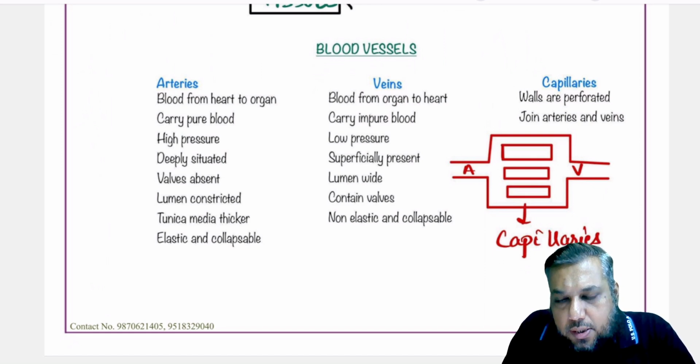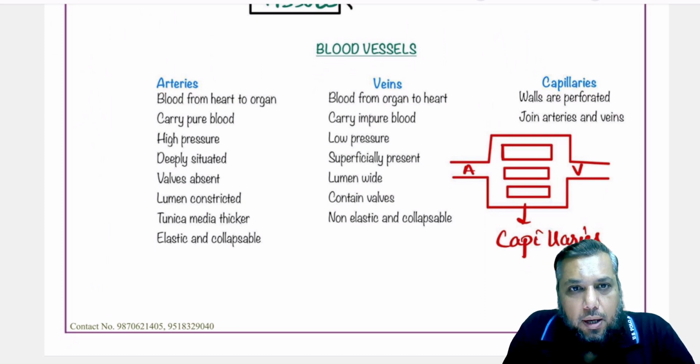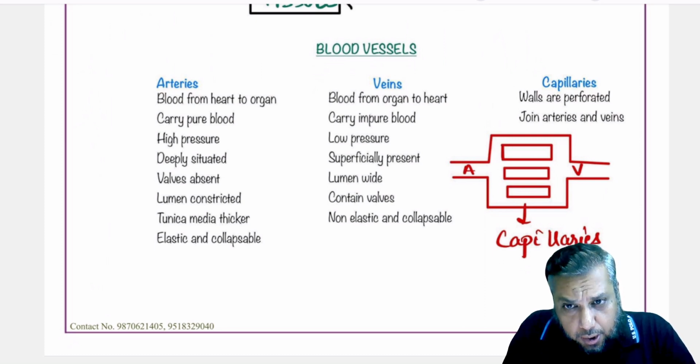Most of the arteries carry oxygenated blood except the pulmonary artery and which other artery? The umbilical artery. The pulmonary artery carries deoxygenated blood from the right ventricle to the lungs, and the umbilical artery carries deoxygenated blood from the fetus towards the placenta. The blood pressure in arteries is always high.